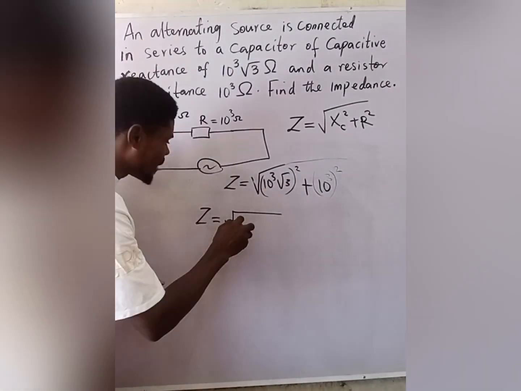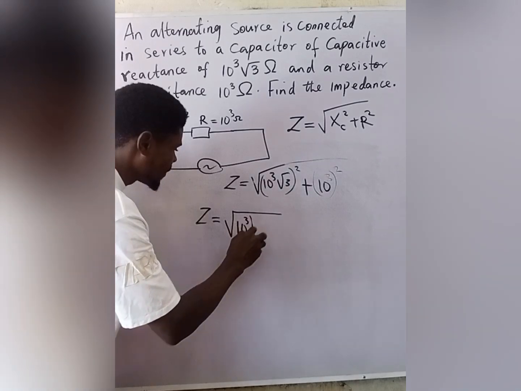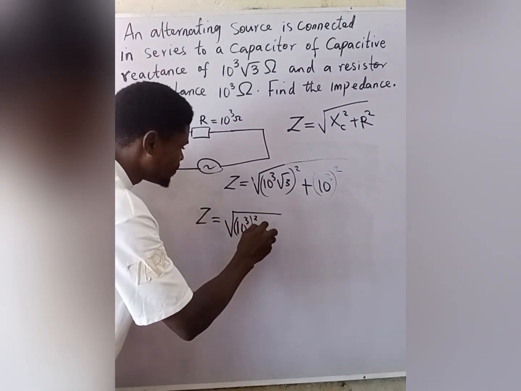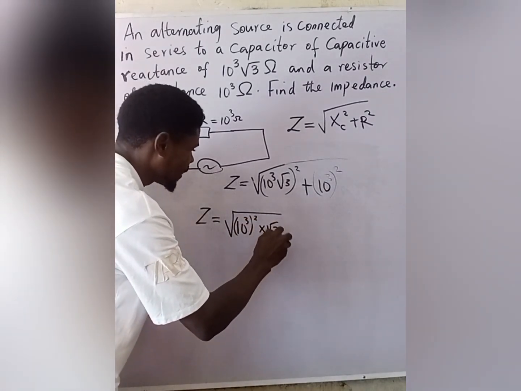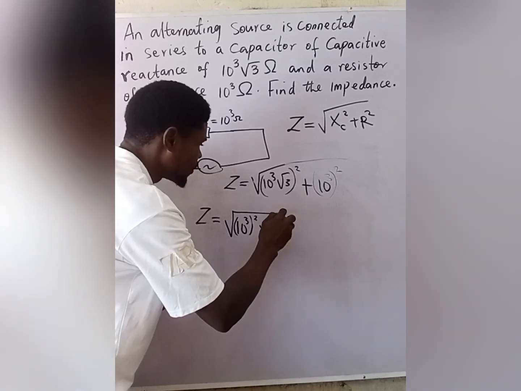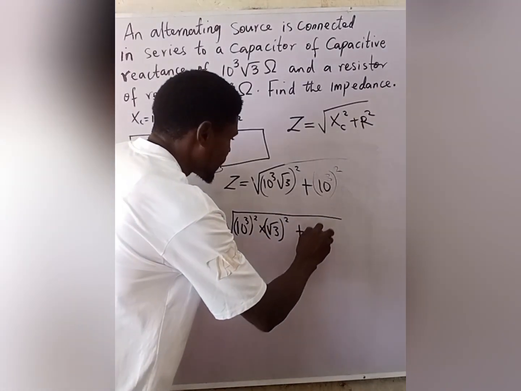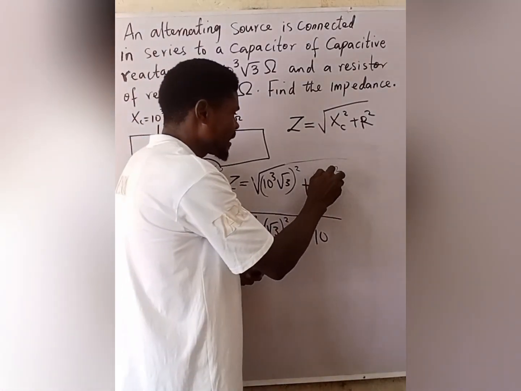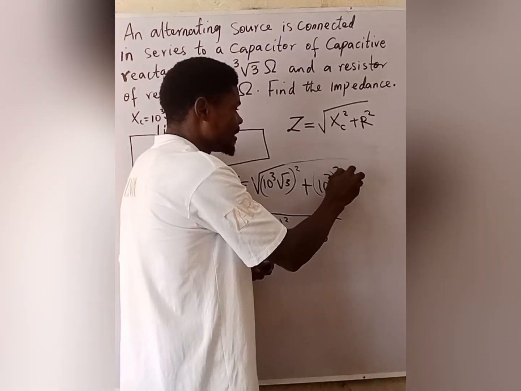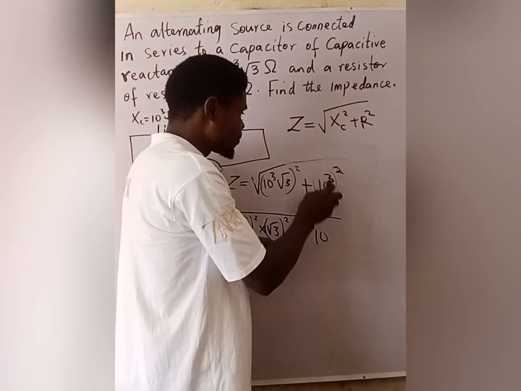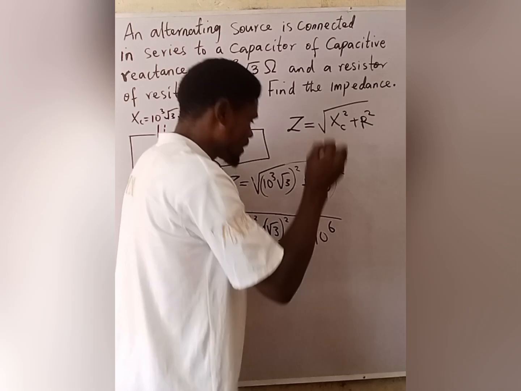That means we are going to have 10 raised to power 3 raised to power 2, multiplied by square root of 3 raised to power 2, plus 10 raised to power 3 times 2, which is 10 raised to power 6.